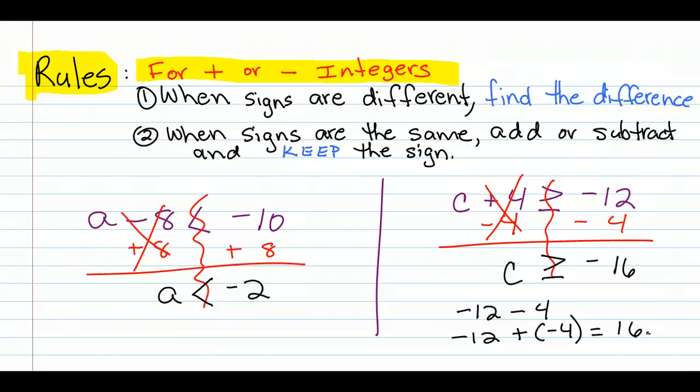Okay? If that still confuses you, it's the same as what you learned back in kindergarten, right? You learned that 5 minus 3 equals 2. Well, let's just change that. 5 minus 3, add the opposite. 5 plus a negative 3. Different signs, find the difference. 5 minus 3 is 2.